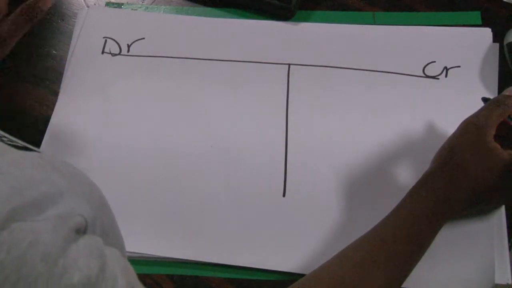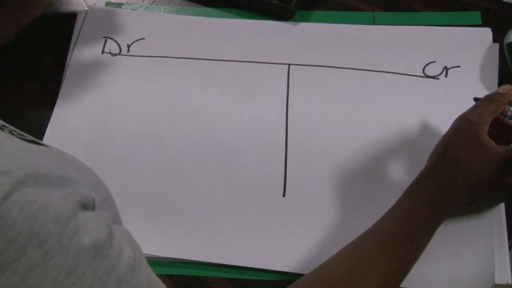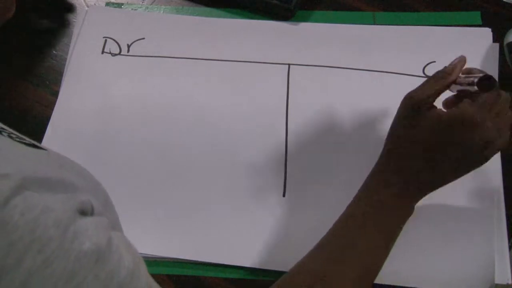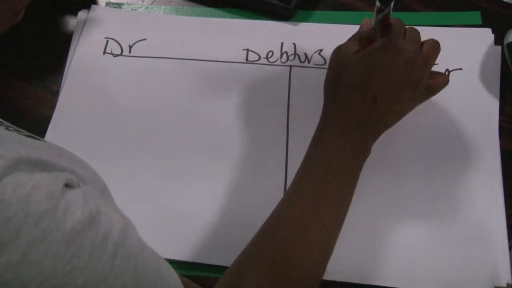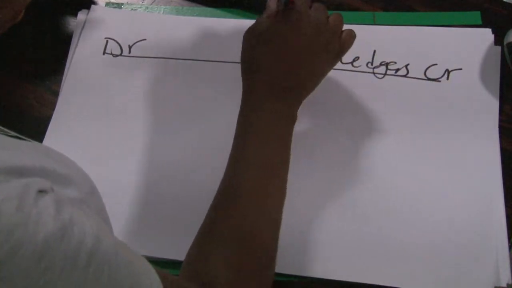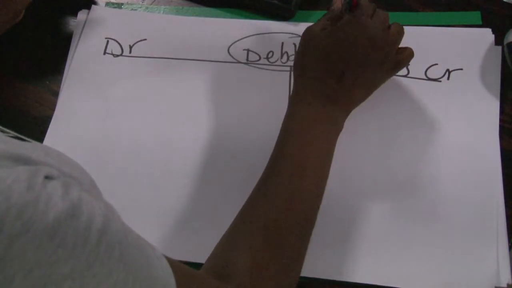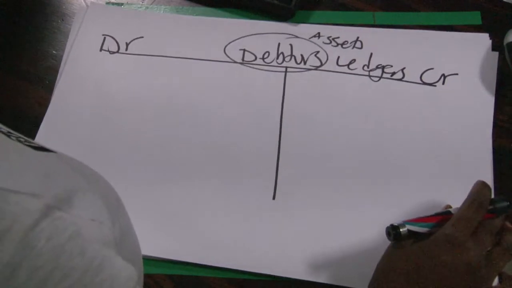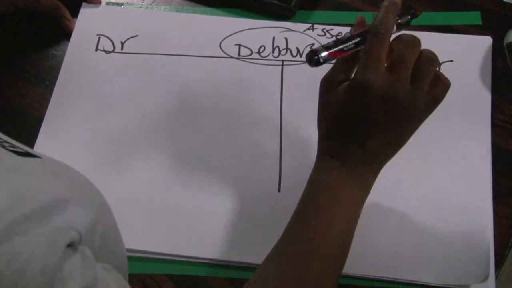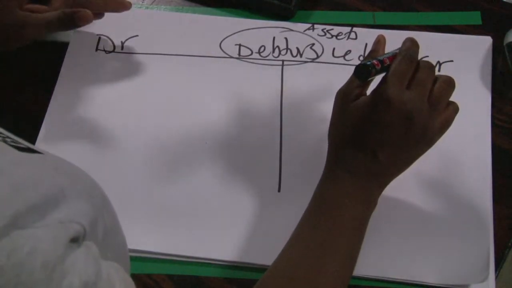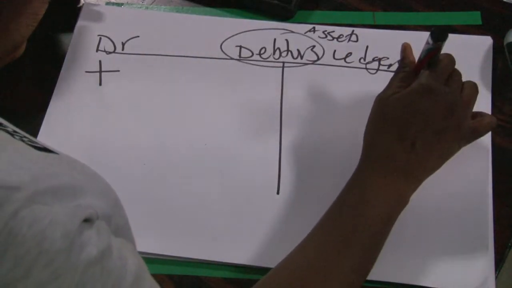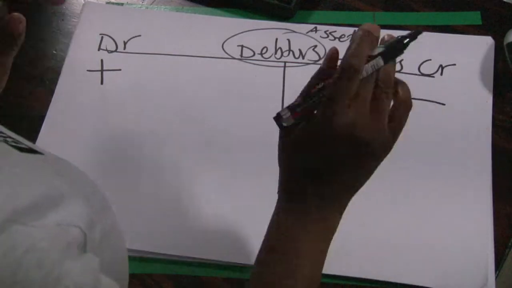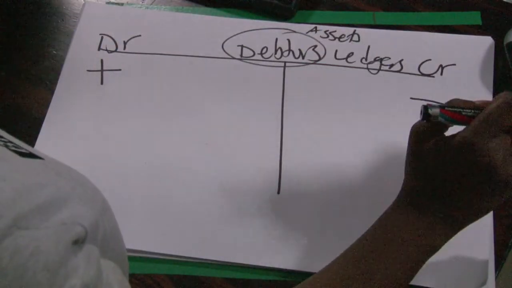Let's say for example you are dealing with the debtors ledger. Debtor is an asset. I already spoke to you that assets always increase on the debit side and they decrease on the credit side. This is the T account that you are going to use.